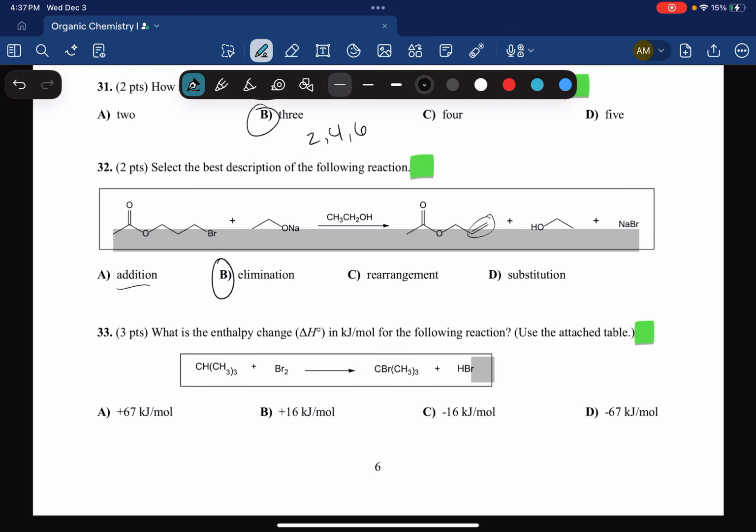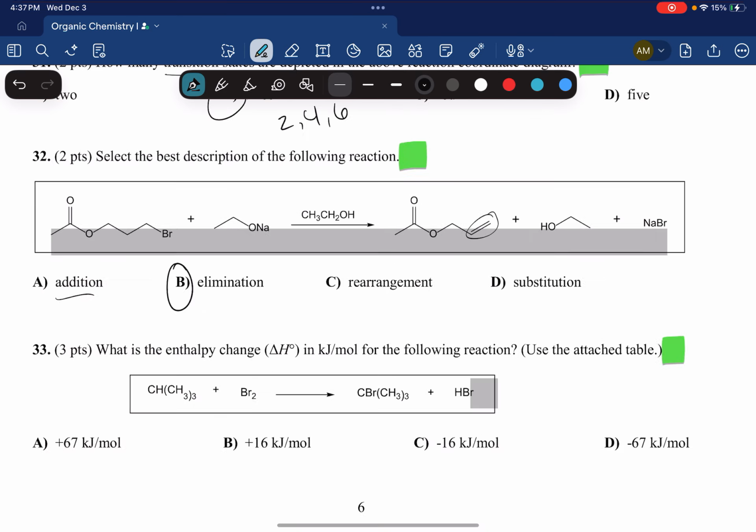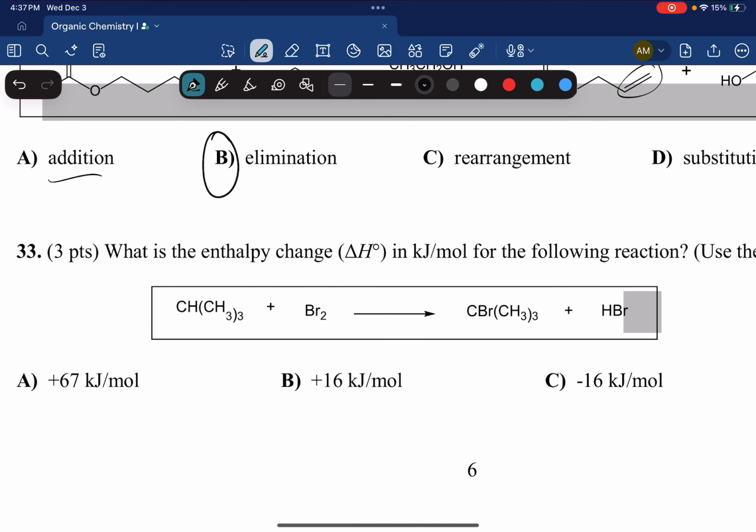Okay. What is the enthalpy change? For this one, you need to use the other chart. You're given like a million, I know. The bond dissociation energy chart is what you need to use. First we're going to see what bonds were broken and what bonds were made.